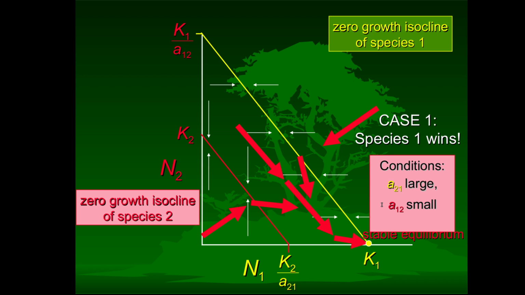And the potential carrying capacity is the maximum population size in the absence of competitors. Just by looking at the geometry of this situation, there are four cases.